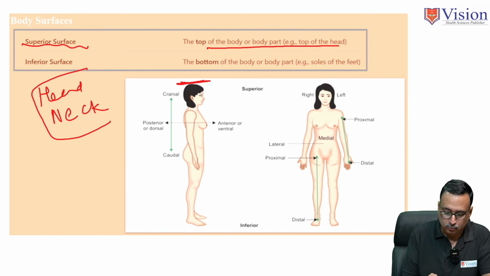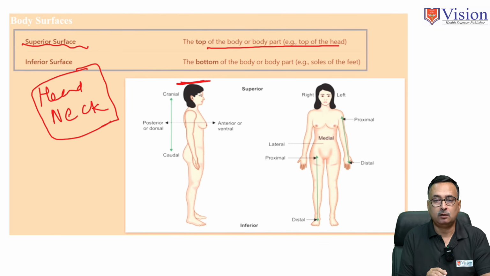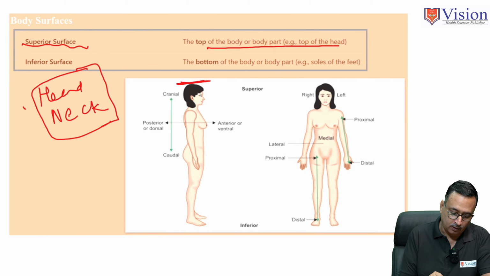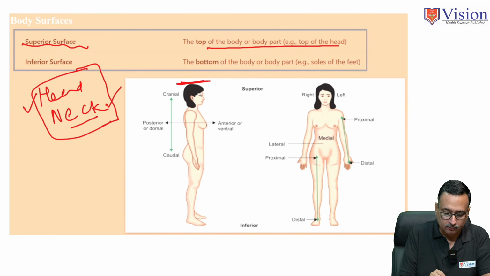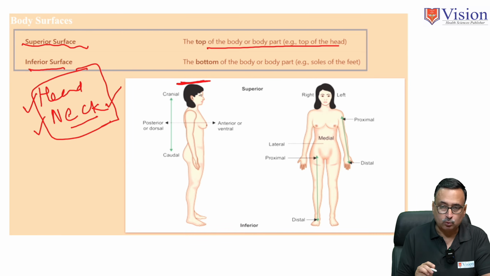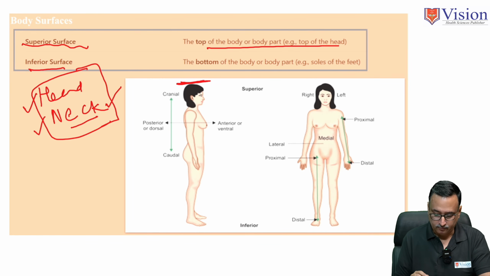In these two body parts, if we have to find out the superior to inferior relationship, then I would say head is superiorly placed over neck. And just opposite to this, neck position is inferior to head. So in this way, these two body parts are related.